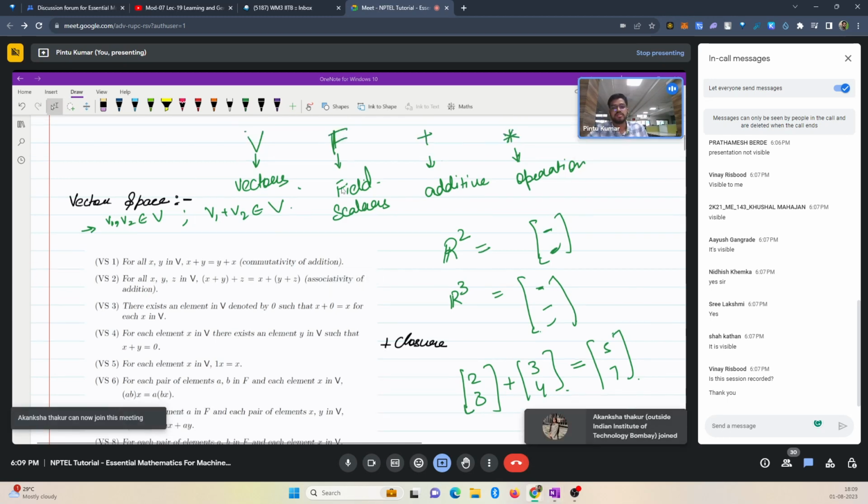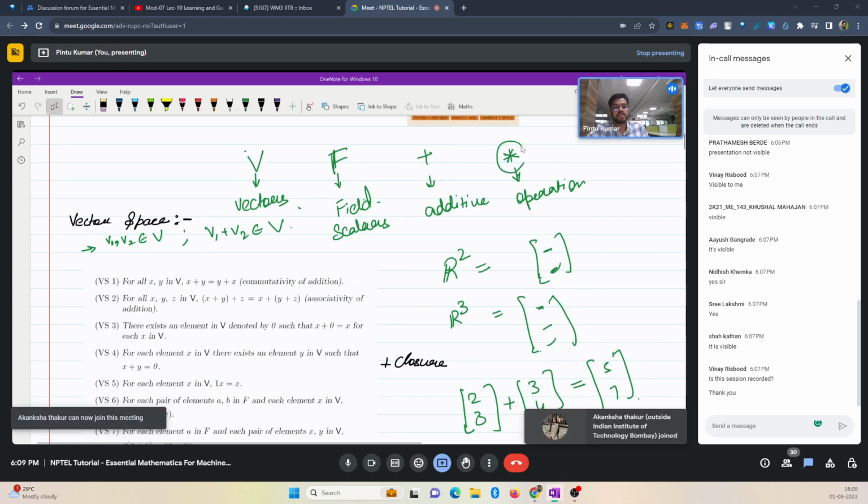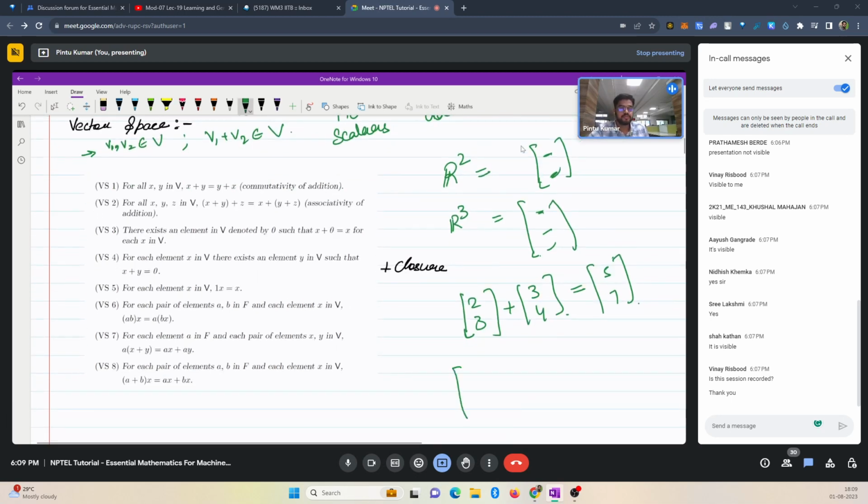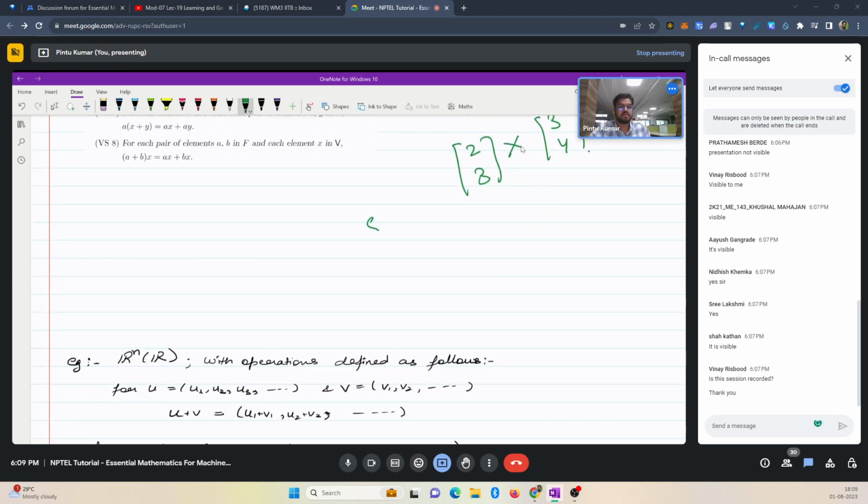The second property is that it should also be closed under the multiplicative operation. Now, if you remember your 12th class, if I ask you to multiply two vectors, you have multiple notions of multiplication. You have the dot product, you have cross products. We don't want to generalize those, but we want to generalize something known as scalar multiplication.